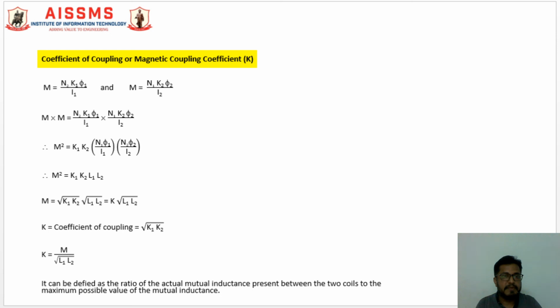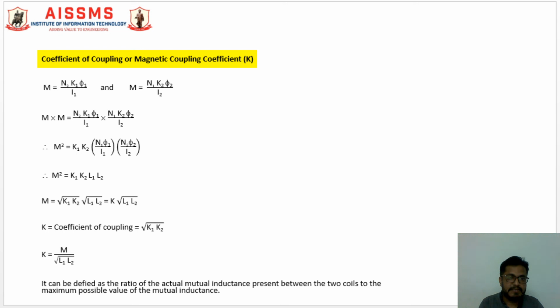Now if we multiply these two M's, then M multiplied by M equal to N2 K1 phi 1 divided by I1 multiplied by N1 K2 phi 2 divided by I2. Therefore, M square equal to K1 K2 into N1 phi 1 by I1 into N2 phi 2 by I2.